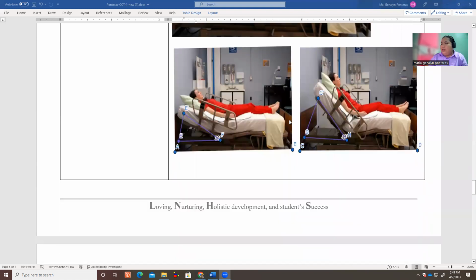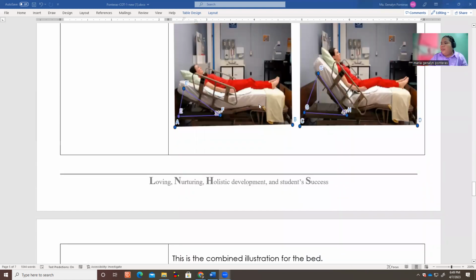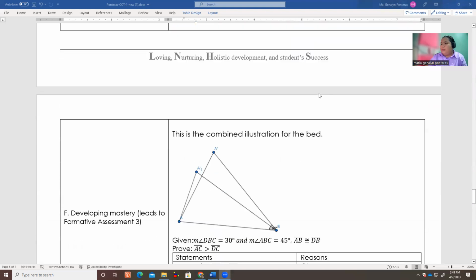Okay, so what I have here is I drew a triangle, a triangle that was formed by the bed of the patient and the support of the bed. There are 45 and the other one is 90. So still we can apply the Hinge theorem.